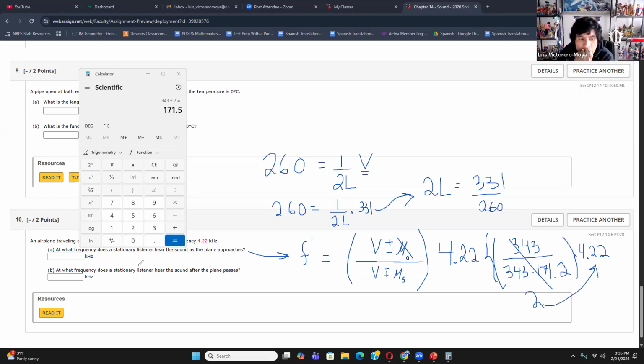So 8.44 kilohertz. All right. For part B, the airplane is now moving away from the listener. So instead of using minus, use plus. It's the same idea, but it will be lower than 4.22.